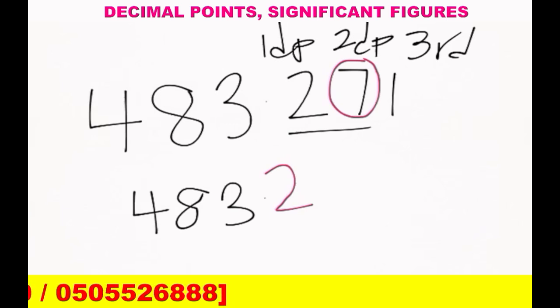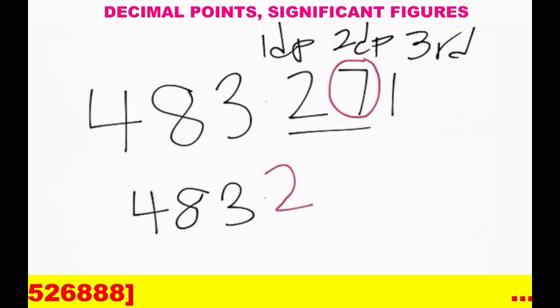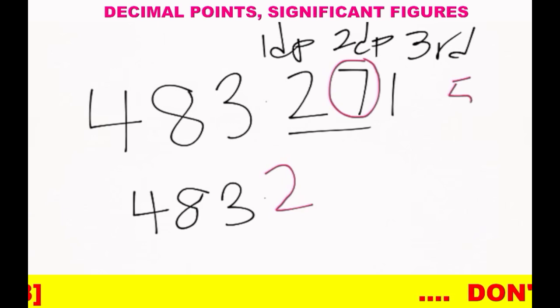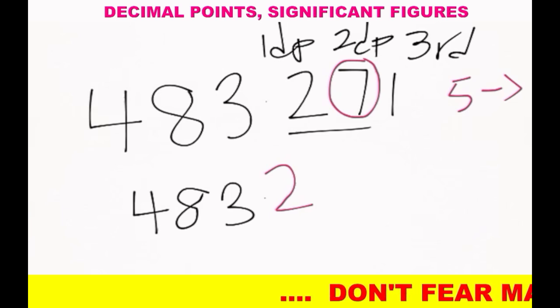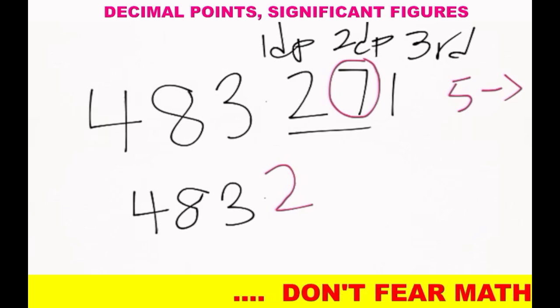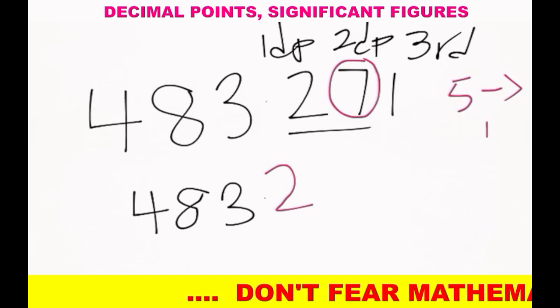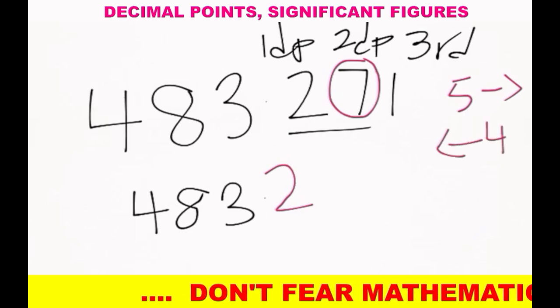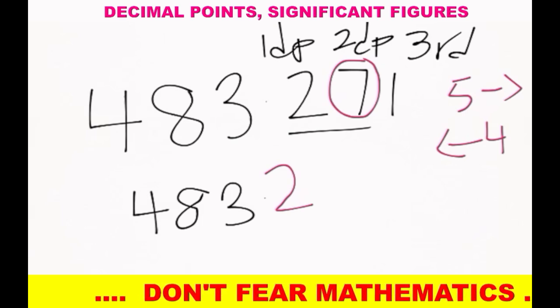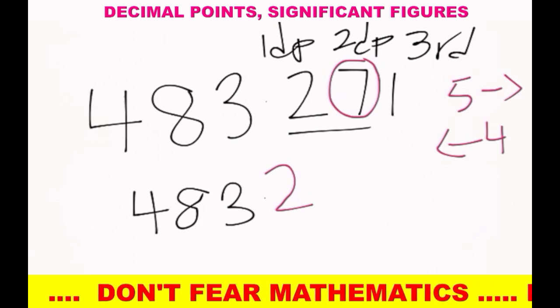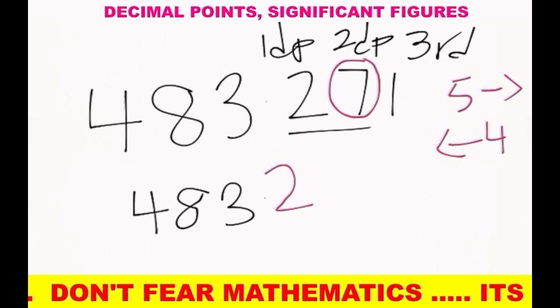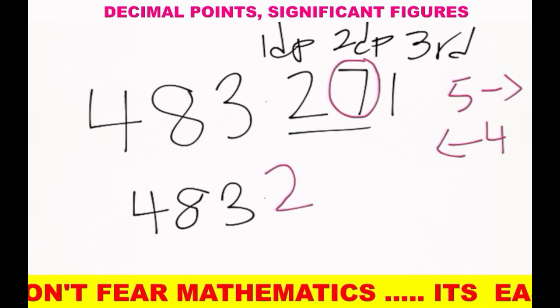Now look at the number at the back of the 7. That one also counts. Ask yourself, is it 5 and above? If the number at the back is 5 and above, then you take 1 from it and add it to the 7. But if it is 4 and below, then you just leave it like that, so that you get your 2 decimal numbers.